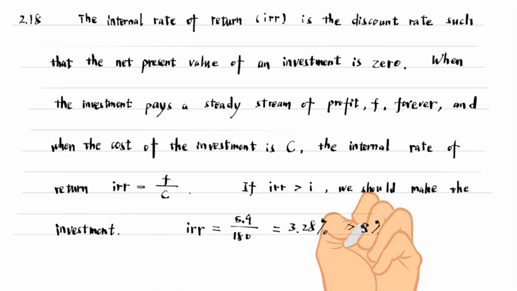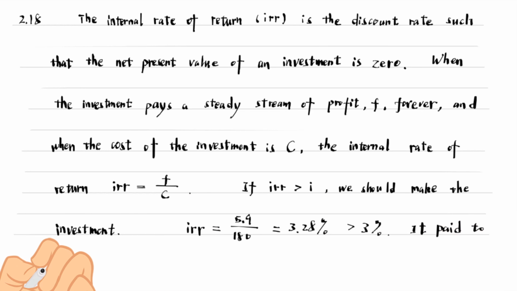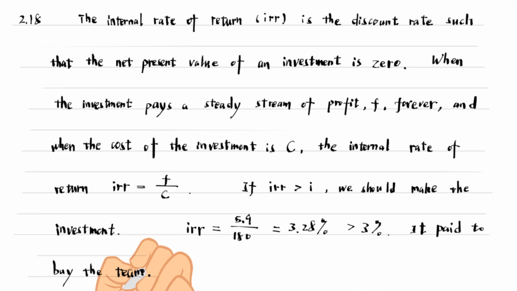The internal rate of return on the investment is 3.28%, which is higher than the interest rate of 3%. So it paid to buy the team.